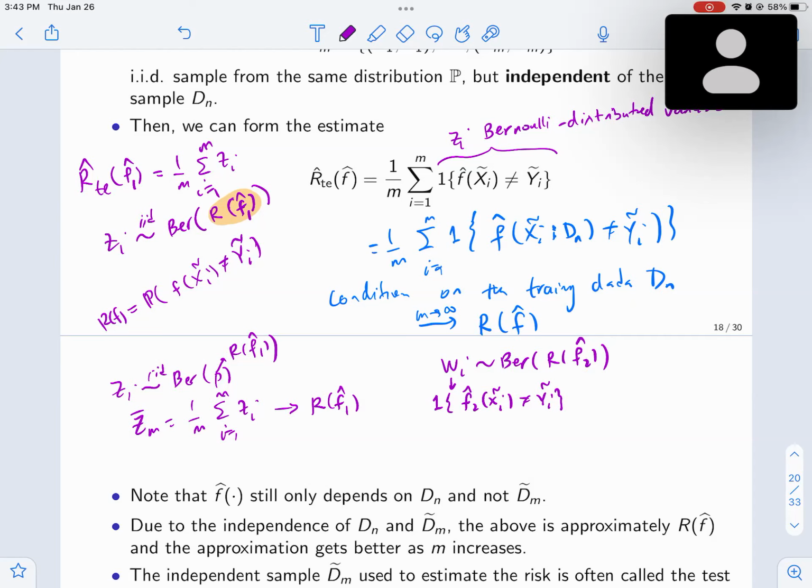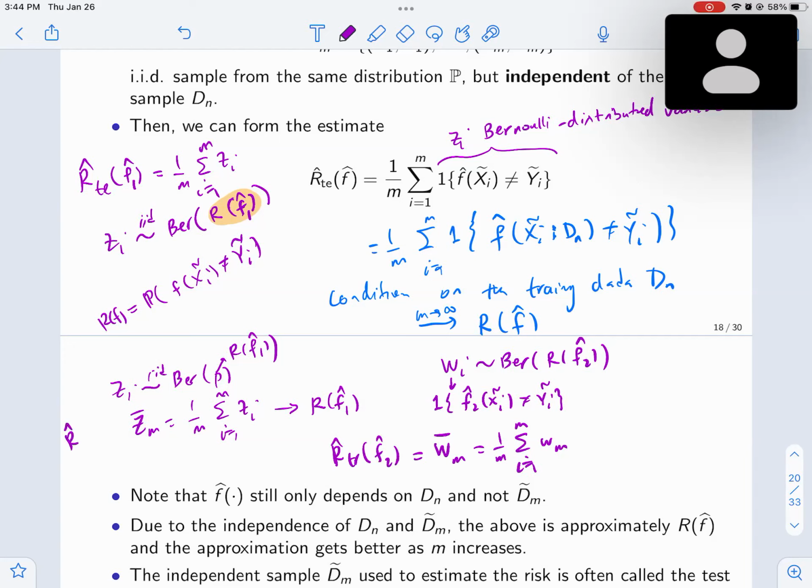Is that still correct? So that then I have W bar, let's say M, which is 1 over M summation Wi from 1 to M. So this would be my R training of f hat 2.